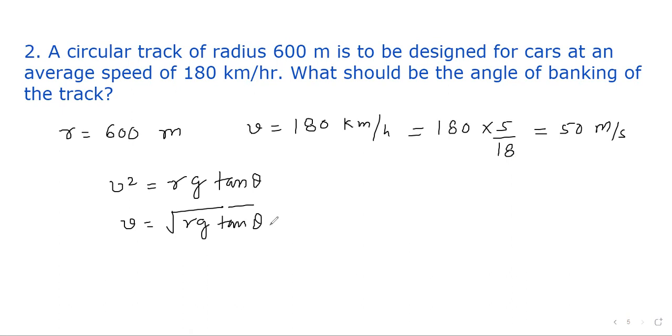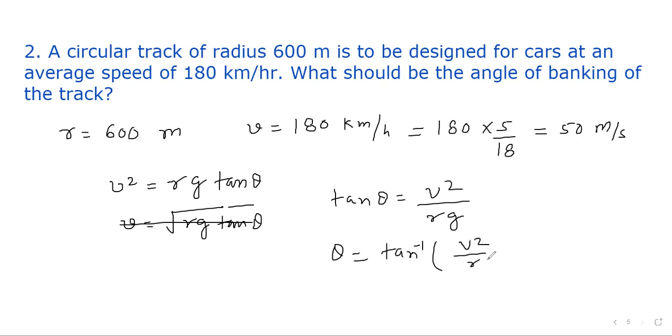We can put the values. Here our concern is to find theta. So we should write tan theta equal to v square upon r g. So theta equal to tan inverse of v square upon r g. Now let's evaluate it.